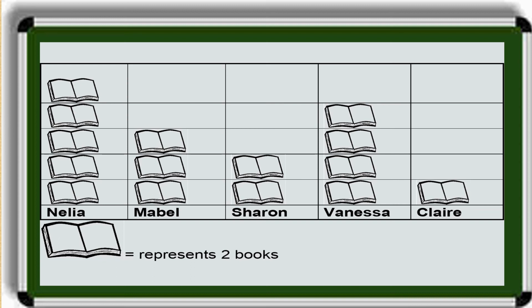Can you do this now? Supply the answer on the line on the pictograph. The pictograph shows the number of storybooks read by 5 pupils in a particular month. This time, read and answer the questions that follow. Number 1.